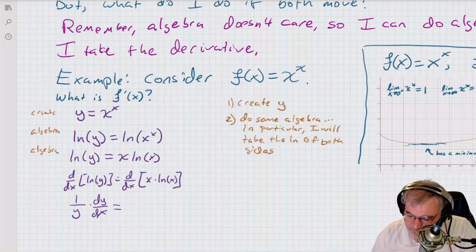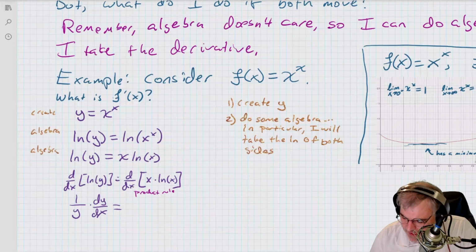This right here is a y, so I need to multiply it by dy over dx. On this side, I'm going to need a product rule. So on the right, we get the derivative of the first times the second plus the first times the derivative of the second.